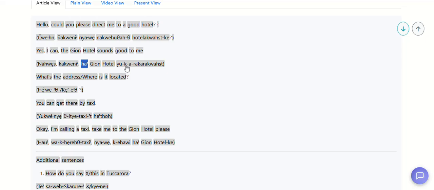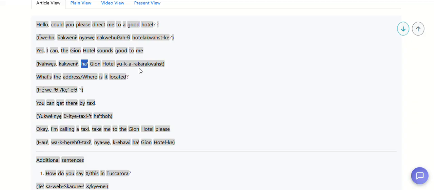So you Yukara Kara Quest. You is essentially it. This ka is to me. This is the joiner vowel, and then rakar means to sound, and then that joiner again. Rakara quast, and quast means good. So rakara quast, in English you could say sounds good to me.